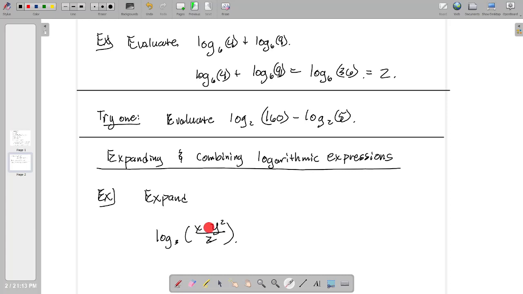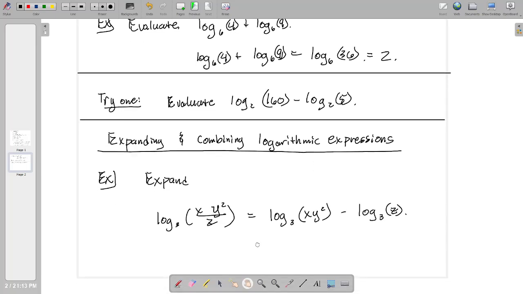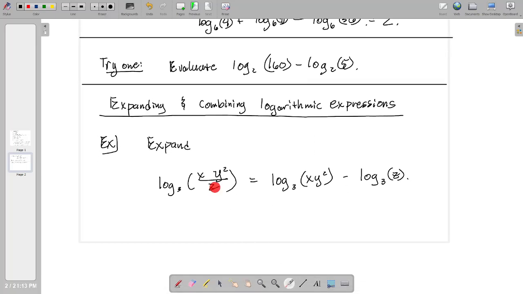So we have x times y squared divided by z. If we do this just one step at a time, we can look at the division first. And this will be log base 3 of xy squared minus log base 3 of z. Noticing that z is the only thing in the denominator, so we subtract that thing that's in the denominator.